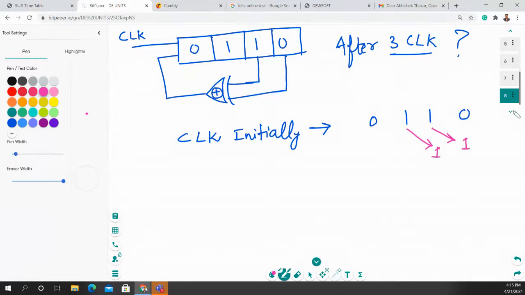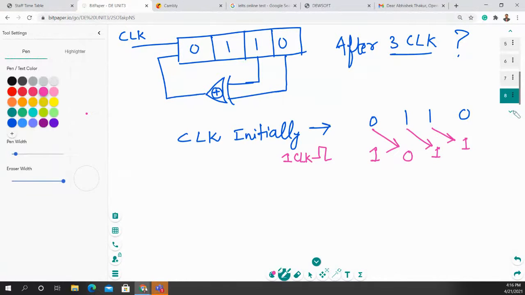You will check this data as clock pulse is high. Let's suppose this is the first clock, which is high, so you will use the one signal at this moment.